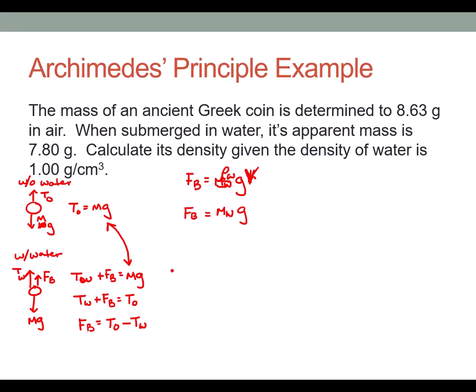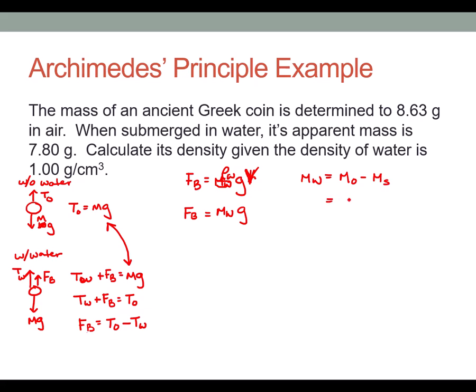Which means we can find the mass of the water by determining how much the mass has changed. So the mass of the water will be our mass out of the water minus the mass while submerged.